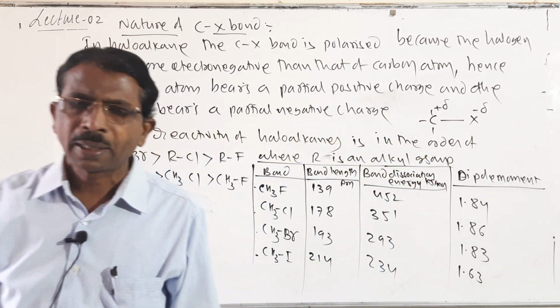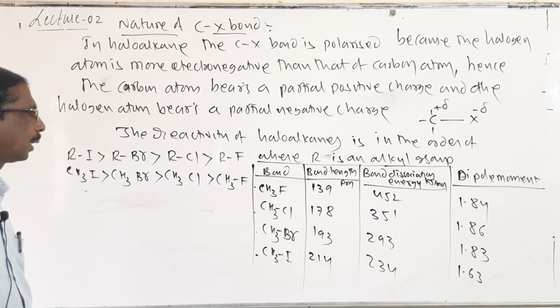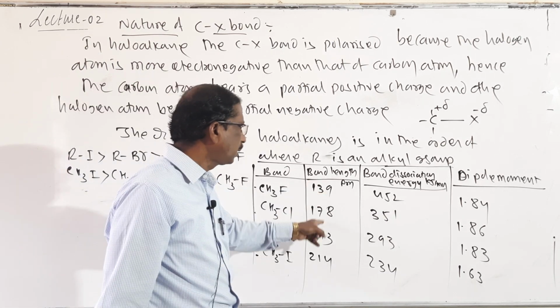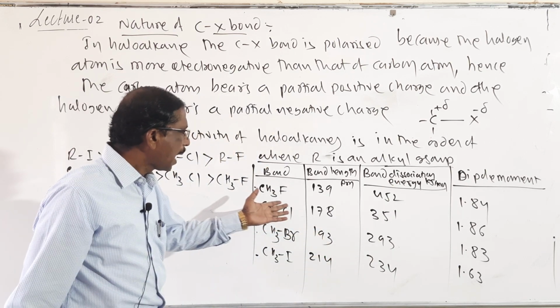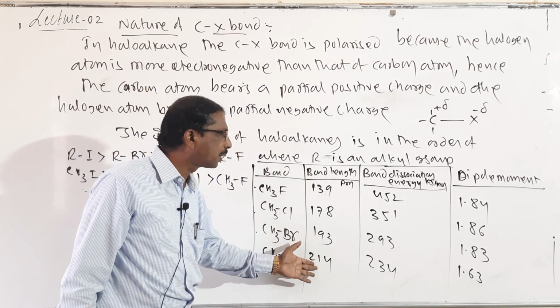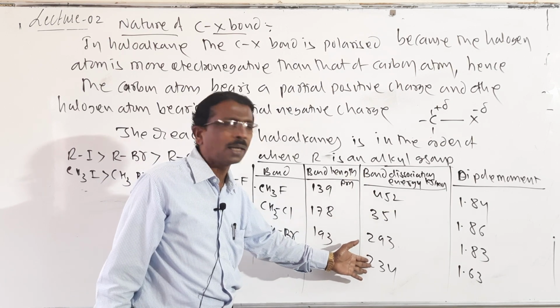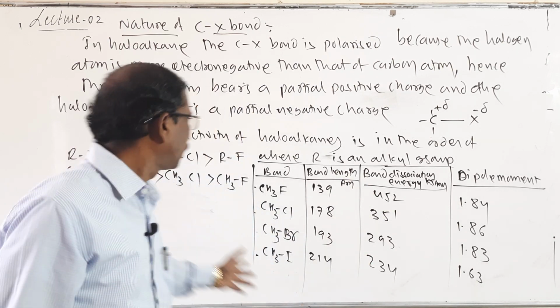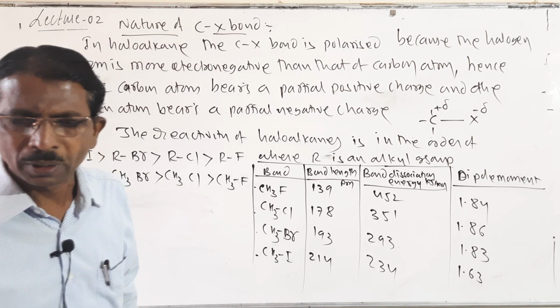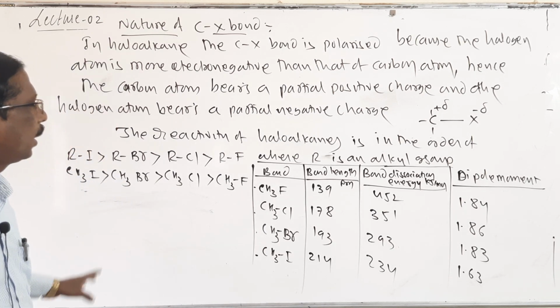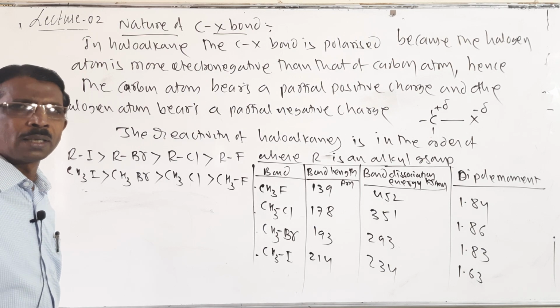So students, this is about the bond enthalpy, the bond length, the bond dissociation energy and the dipole moment. Look here, as the bond length goes on increasing, the bond dissociation enthalpy goes on decreasing, and therefore these are more reactive. So it is about this reactivity and the nature of the C-X bond.